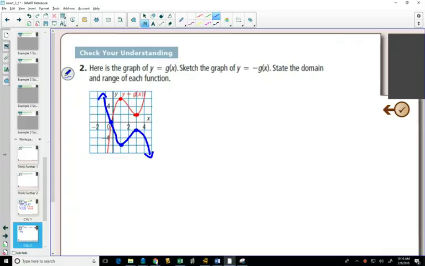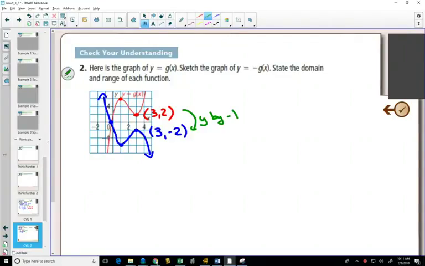If we think about it as an actual point, when we reflect over the x-axis, what are we doing to the points? For example, this point here is (3, 2), and this point here is (3, negative 2). What are we doing? We're multiplying our y values by negative 1.